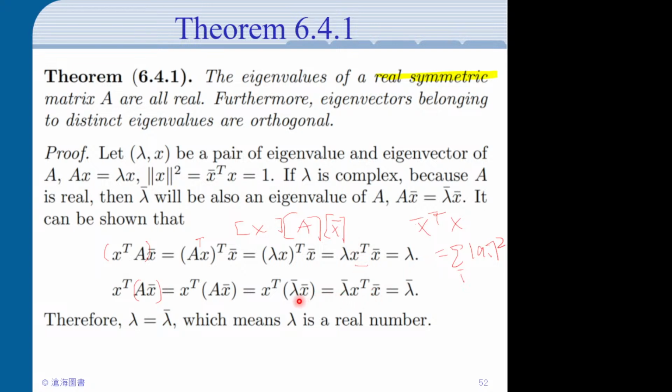So you see this is lambda bar times x transpose x bar, and once again this is 1, so this is equal to lambda bar. But those two things are the same expression, so it should be the same number. So we see lambda equals lambda bar, and that means lambda is real.